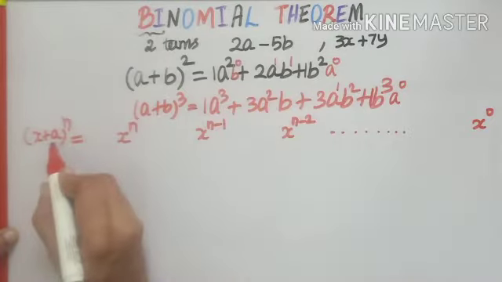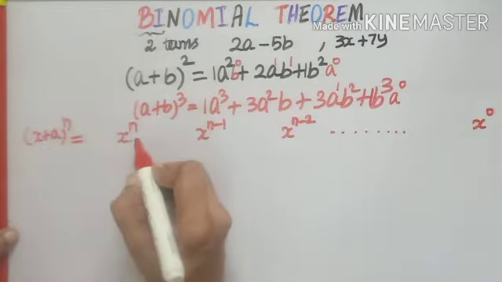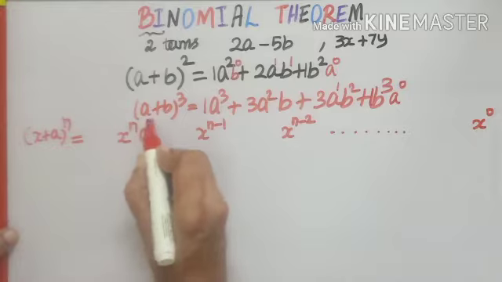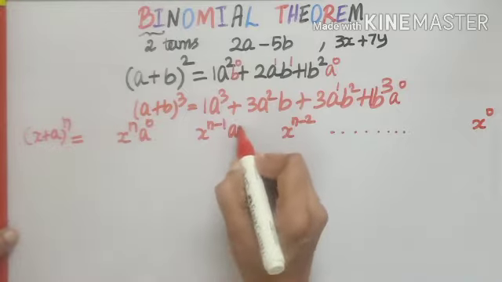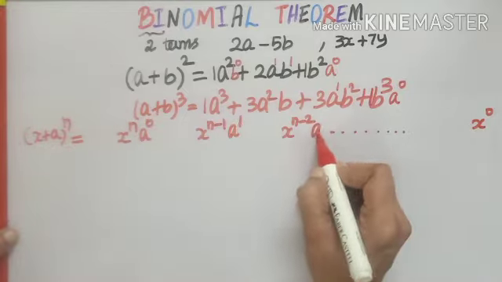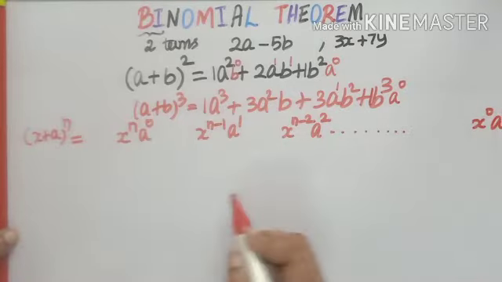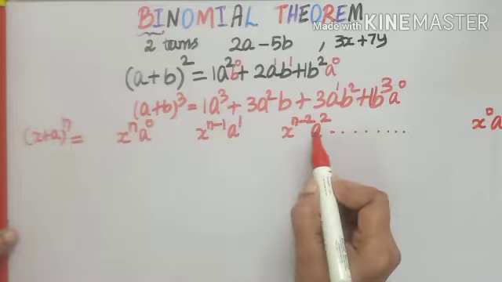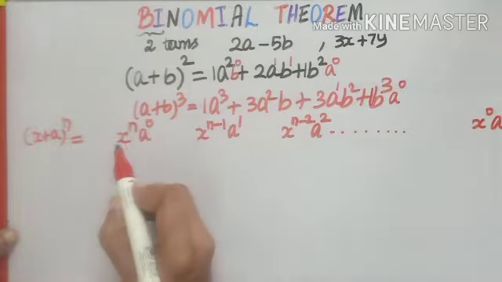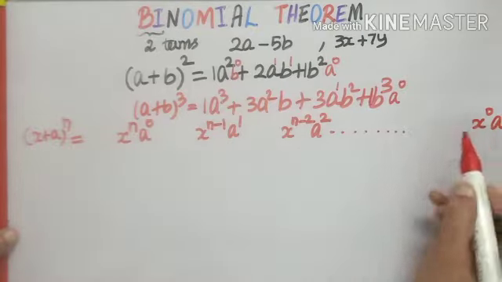What is the second term? It is a. So first I will get a power 0, then a power 1, then a power 2, finally a power n. So second term keeps on increasing, first term keeps on decreasing.